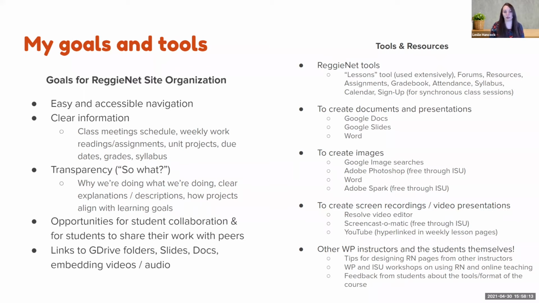I wanted to always make sure that everything we did in the class was grounded in learning objectives from the writing program, with clear explanations of how this matters to their lives beyond the walls of the classroom, the online virtual walls of our classroom space, beyond the Zoom boxes. Why does this stuff matter? So I wanted to make sure there was a lot of transparency and that was always readily available on a ReggieNet lesson page, on my site.